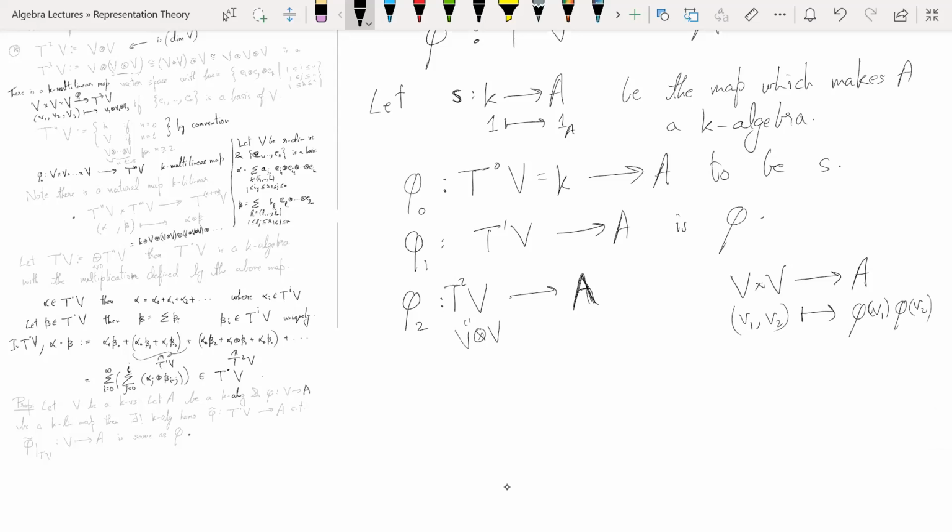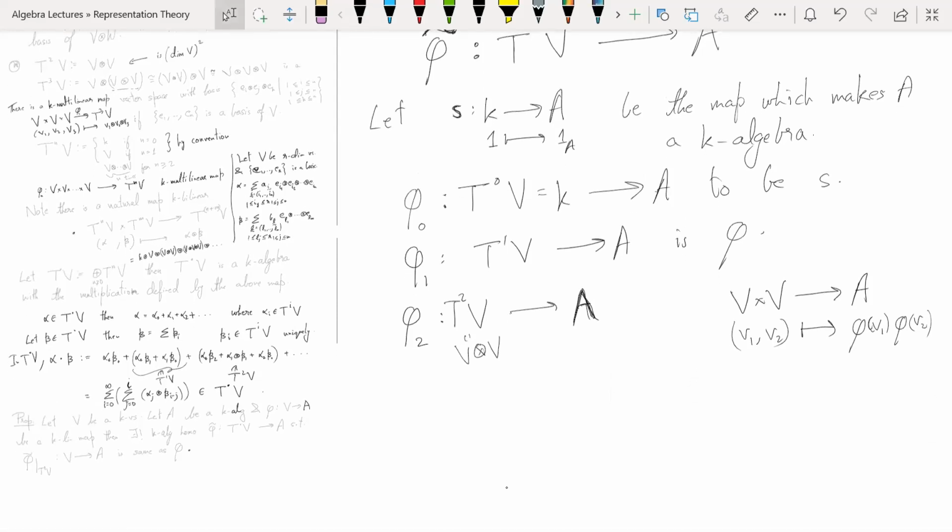If you fix v1 and vary v2, then it's linear in v2, because phi is a map of K vector spaces, K linear. So this map, let's call it C, from V cross V to A is bilinear, and hence it induces a map from the tensor product.